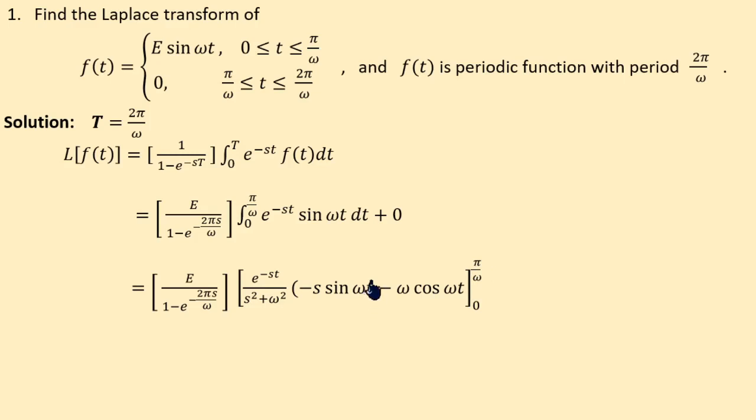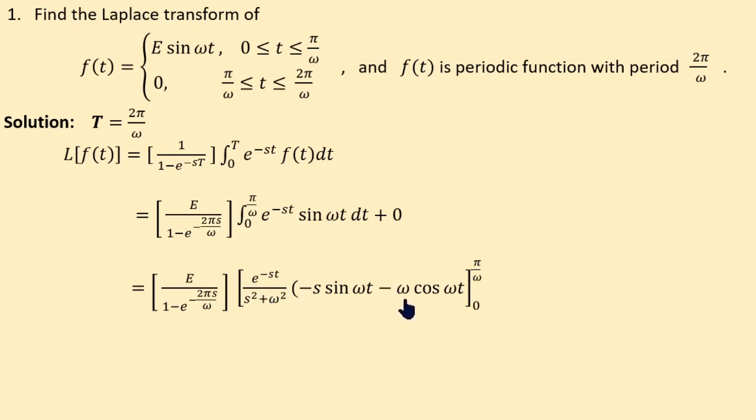Now if t is pi by omega, omega cancels, sin pi is 0, cos pi is minus 1. Therefore for the upper limit this value is minus of minus, plus omega, e power minus s into pi by omega, into omega.